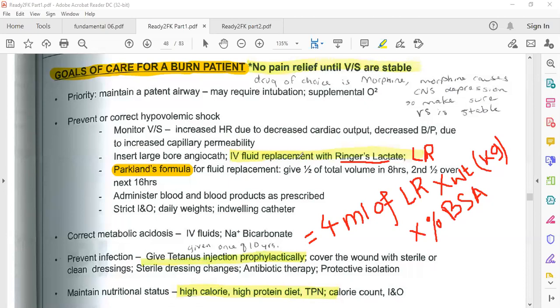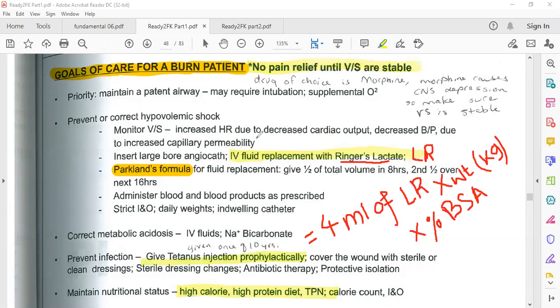So we give them 0.9% sodium chloride or lactated Ringer's or Ringer's lactate, whatever you call it, right? So let me recap. First of all, check the airway, give them oxygen.